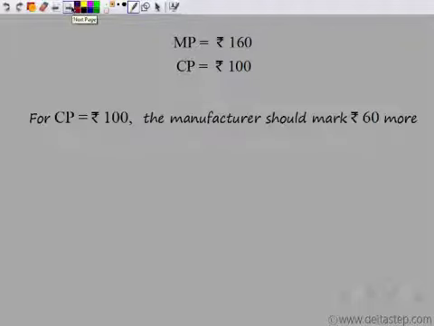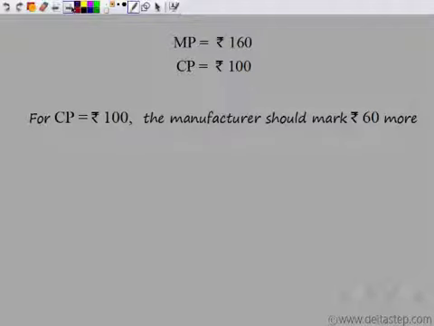So we can say that he has marked up by 60 for every 100. Marked price is 60 more than the cost price. So for 100 CP, the marked price is 60 more, or I can say this is 60 of 100 of the CP.